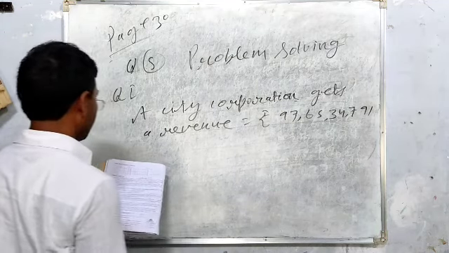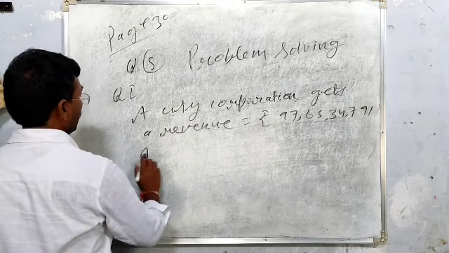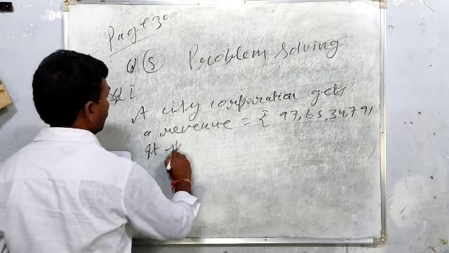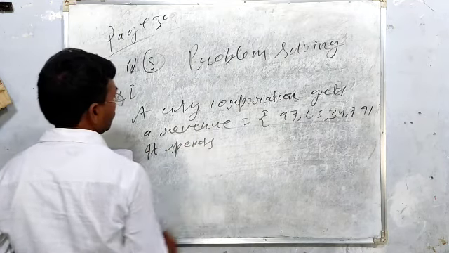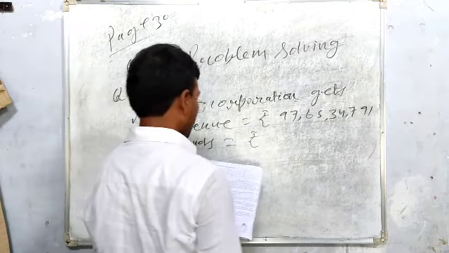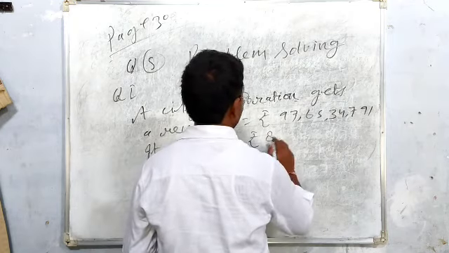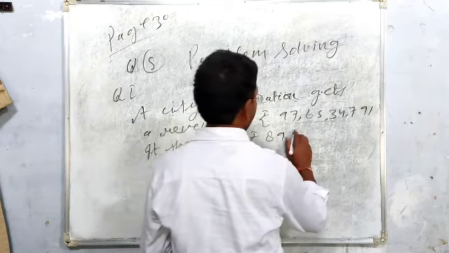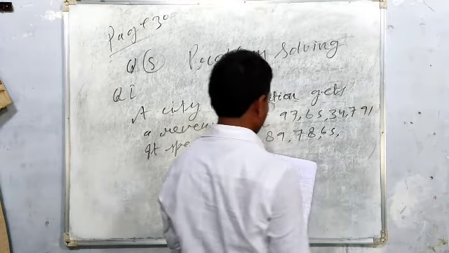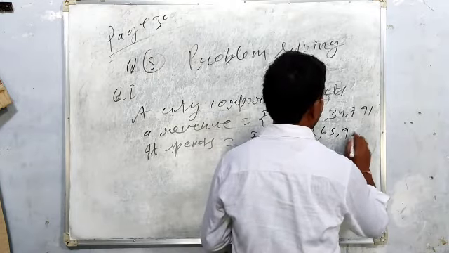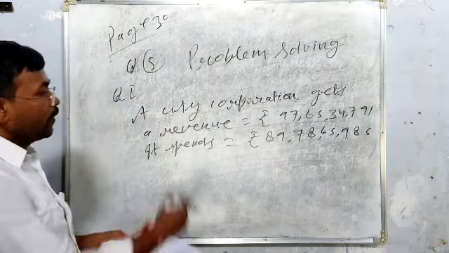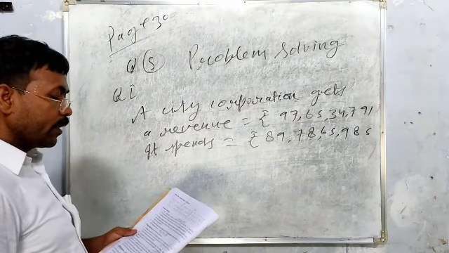It spends, you can write as the second line, it spends rupees 89 crore 78 lakh 65,985 for various projects. Then in the third line you can write the remaining amount.